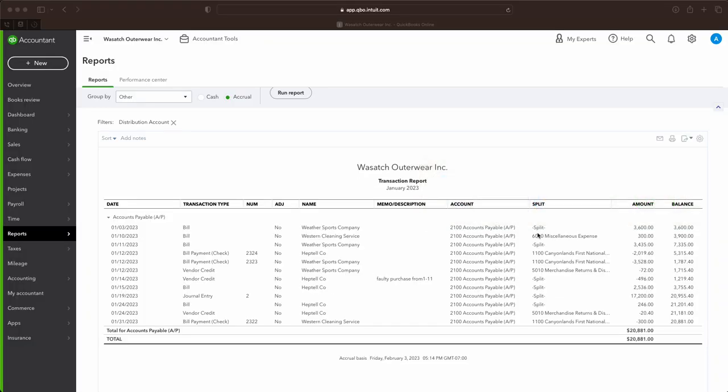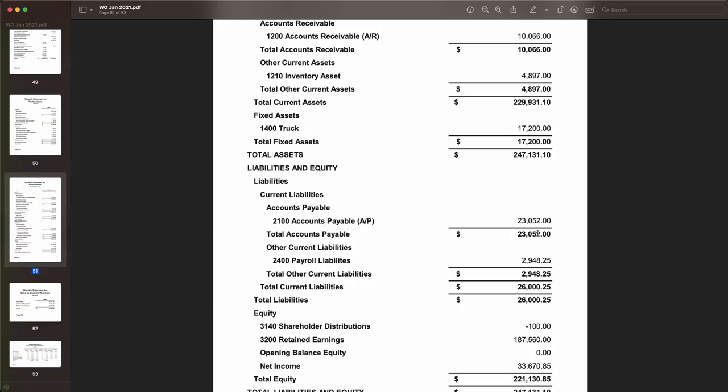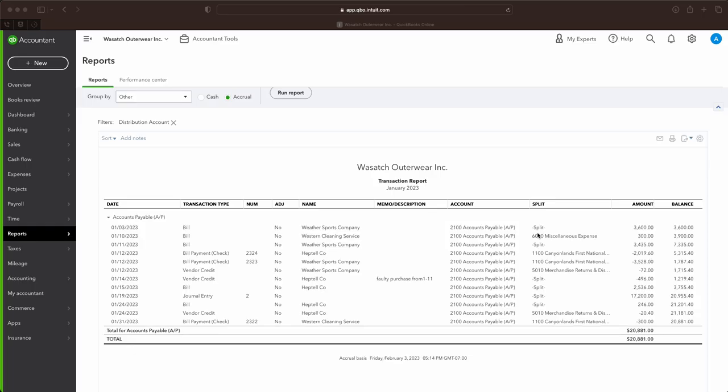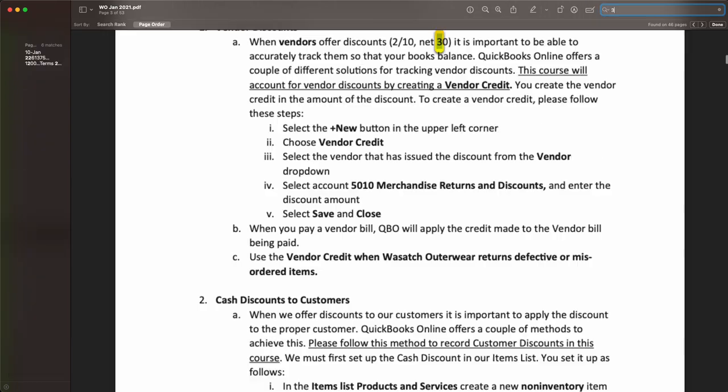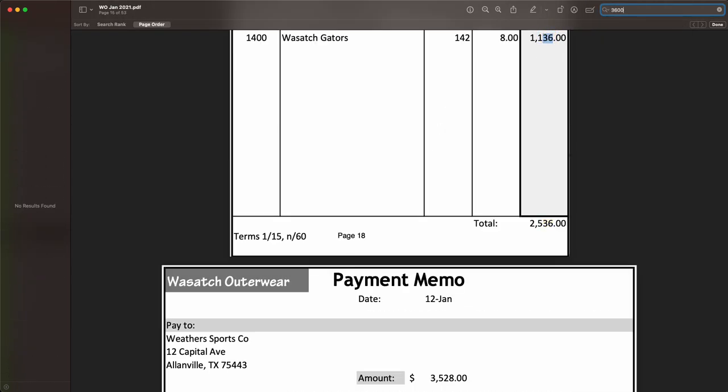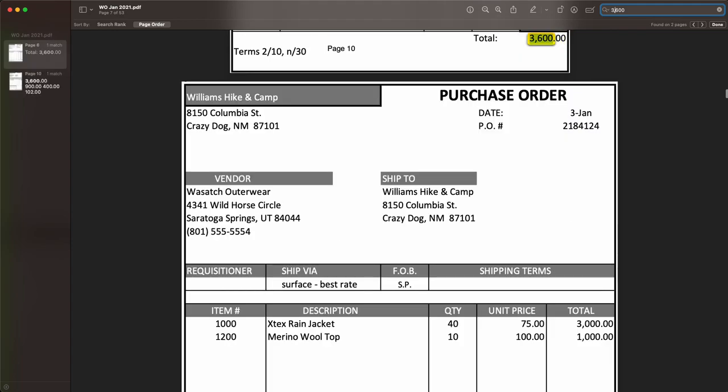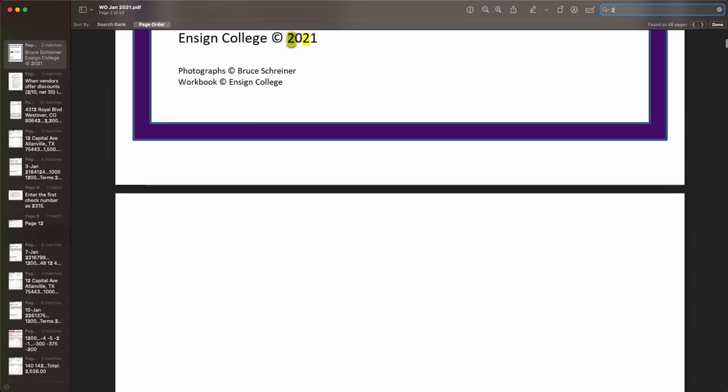I'm guessing it's the same amount here, right? To have 23,052 minus 2,881 equals that 2,171. So let's go through all of this. There's one, so I'm just actually going to double check this.